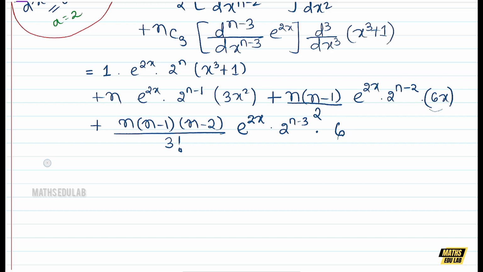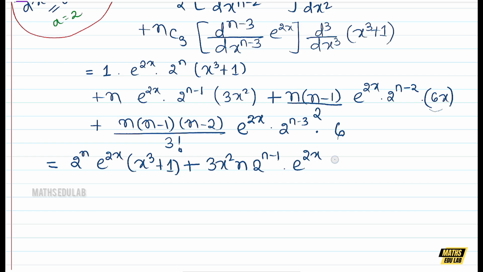Now we will arrange these values. On arranging, I can write the last step as 2 to the power of n e to the power of 2x times x cube plus 1, plus 3x square n, on multiplying these values, into 2 to the power n minus 1 into e to the power of 2x, plus the next term: the 2 factorial cancels out, so we got the value 3.